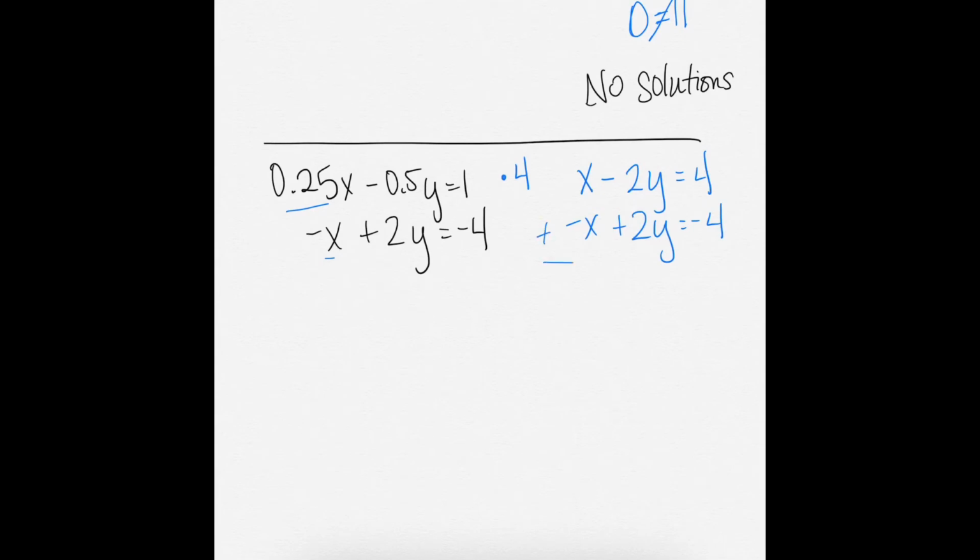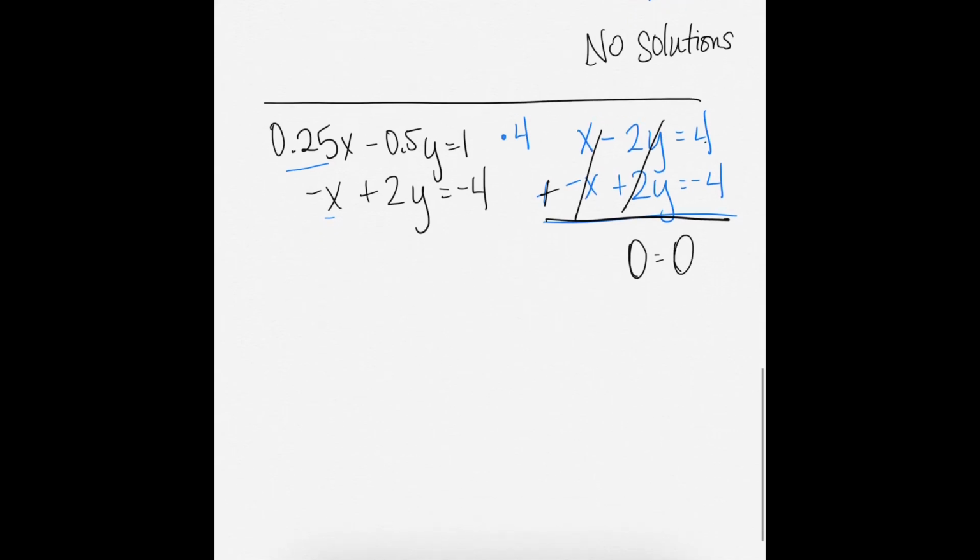You may be able to see it already, but when I add these two together, I usually like to change colors here. When I add them together, my x's cancel, I get 0. My y's, negative 2y, positive 2y, those cancel as well, I get 0. On the right, I get 4 minus 4 is 0. 0 equals 0.